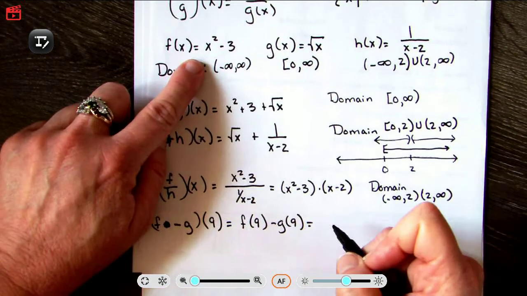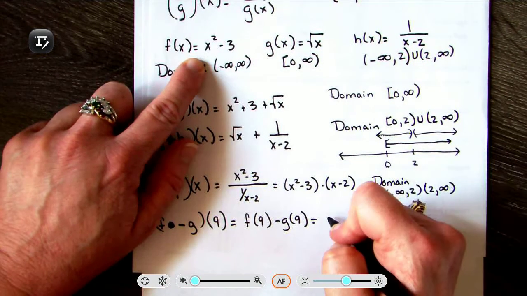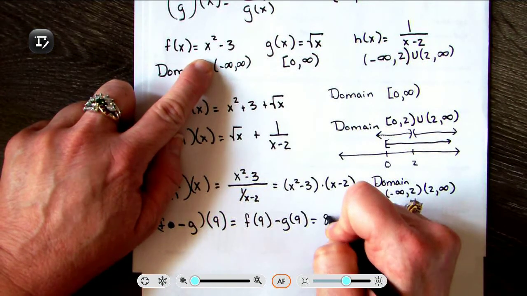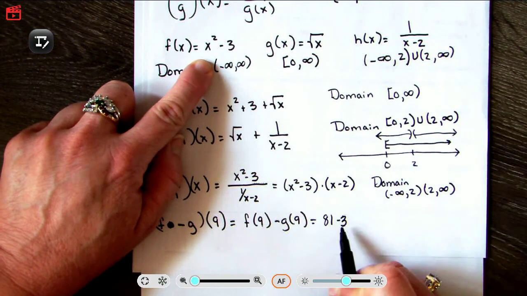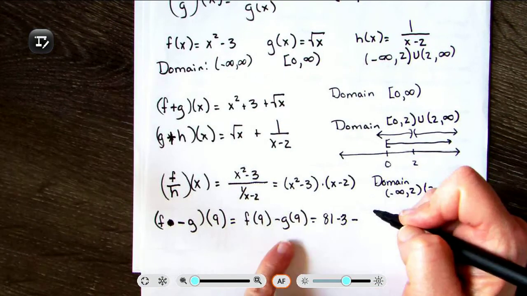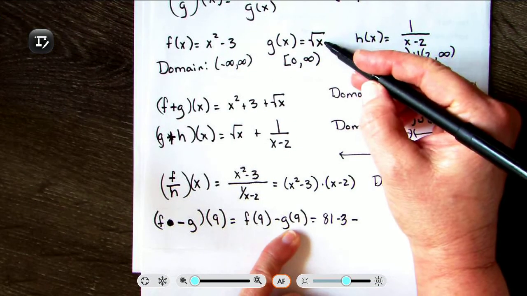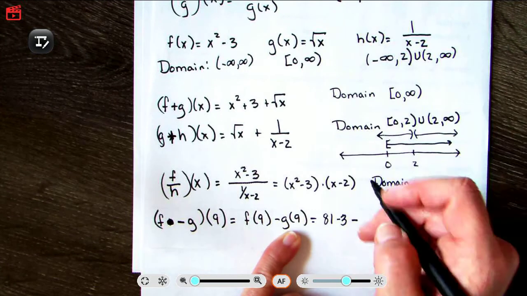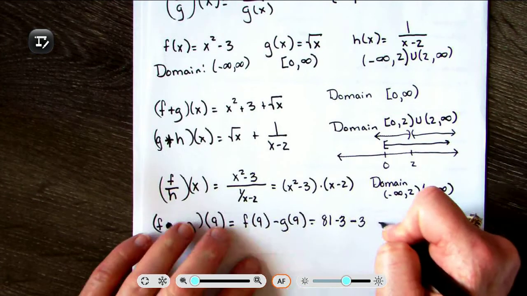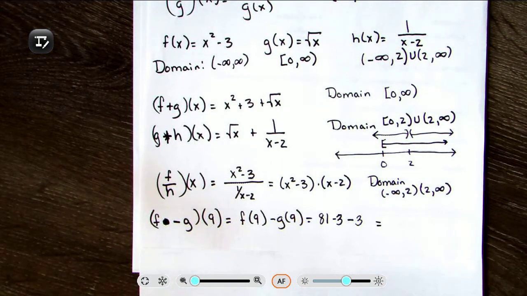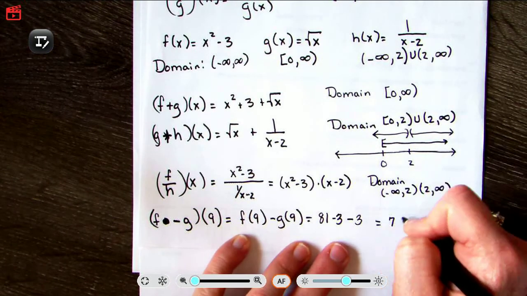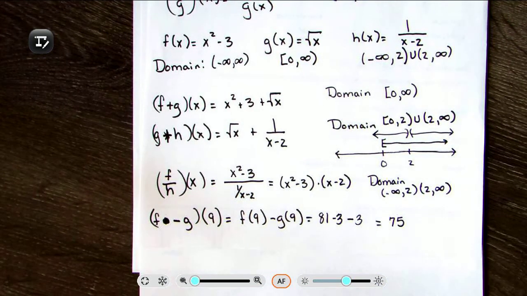So I'm going to go up to f, put 9 in there, so I get 9 squared is 81 minus my 3, and then minus g of 9. 9 in that square root gives me a 3, so 81 minus 3 gives me 75.